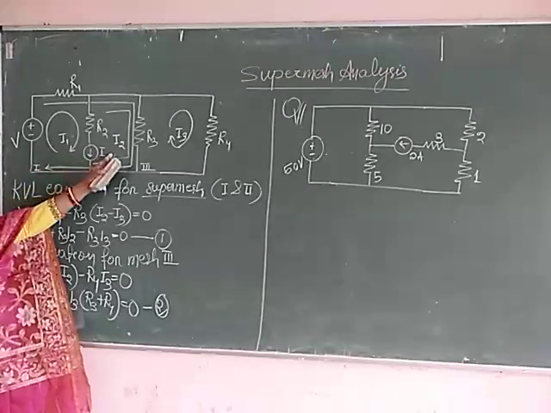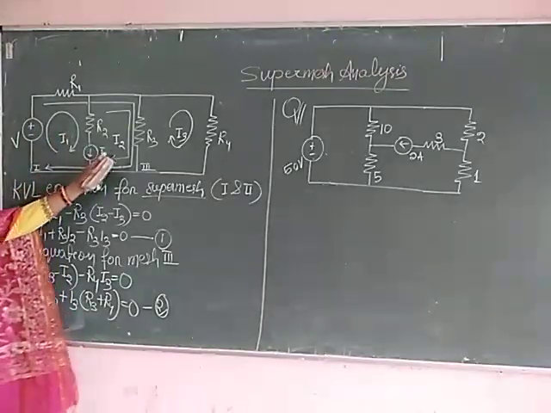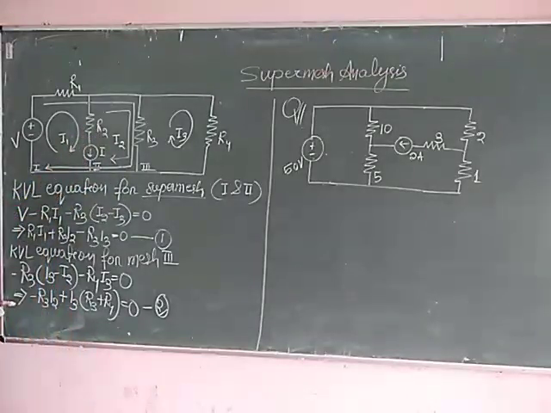As they are opposite in direction, I1 is downward, I2 is upward, they oppose each other. Here we do not know which one is greater, I1 or I2. So I just assume I is equal to I1 minus I2. This assumption is from the circuit diagram.